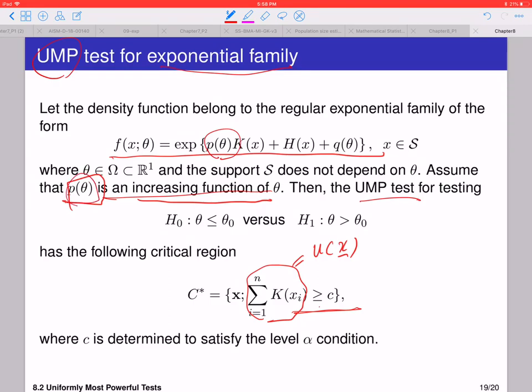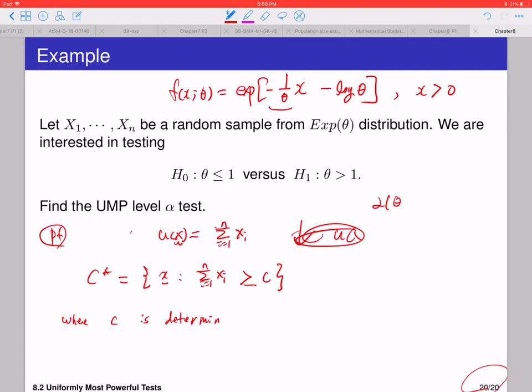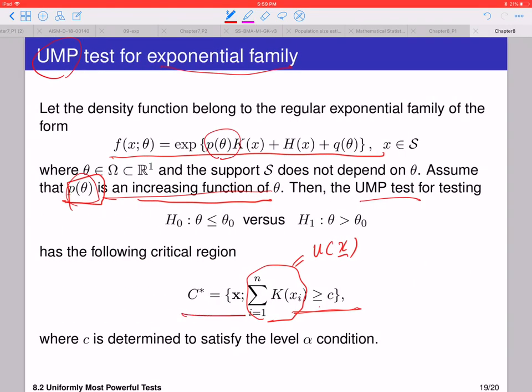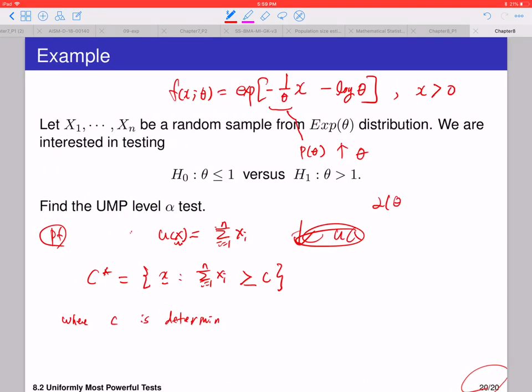So p(theta) is an increasing function of theta. So that directly applies to this condition. So c is determined from P_C star given theta 1 equal to alpha. So basically, the exponential distribution is a gamma distribution, so gamma 1, right?